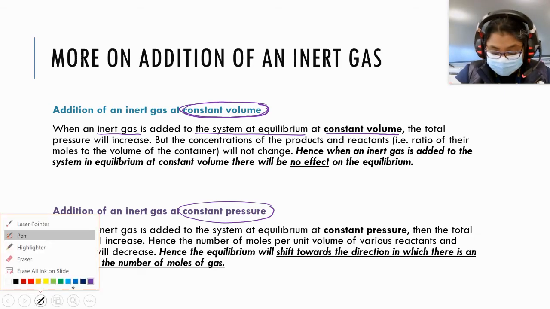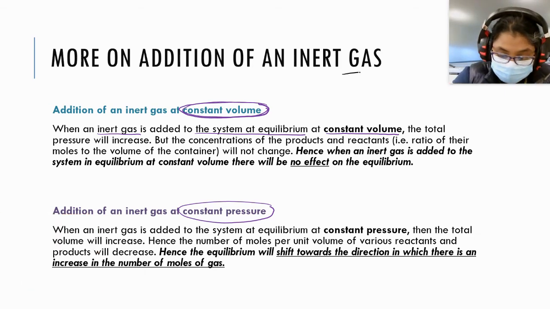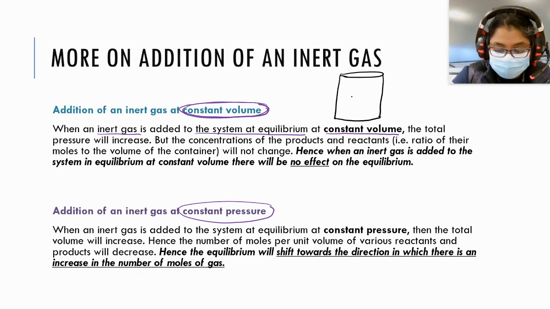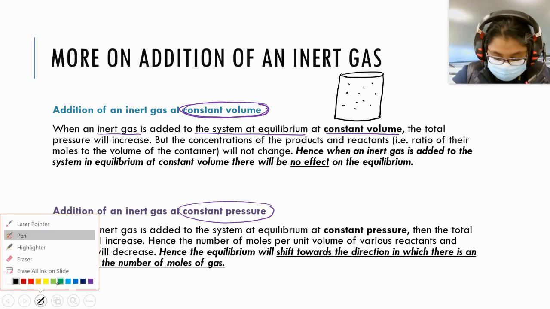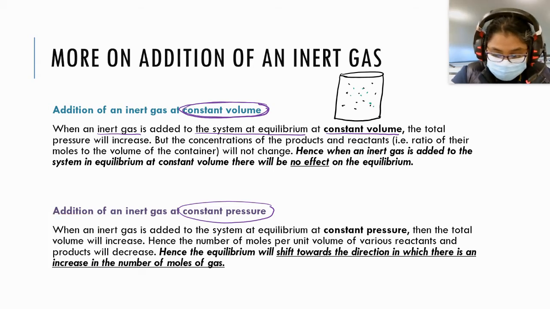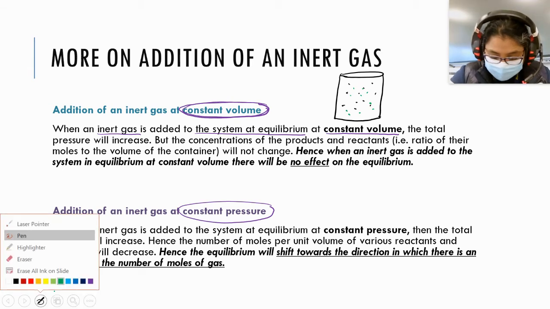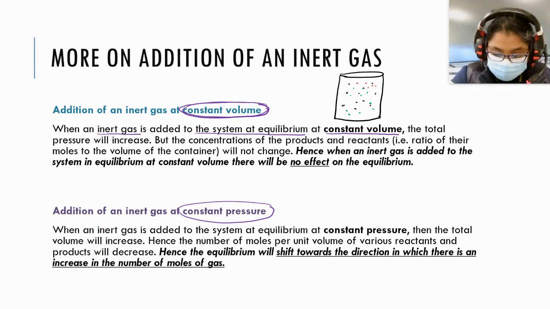Okay, that's true, because if you take into account all of the collisions happening inside this rigid container, here are some reactants, here are some products, and now I'm going to add an inert gas. This is the inert gas, the red dot.